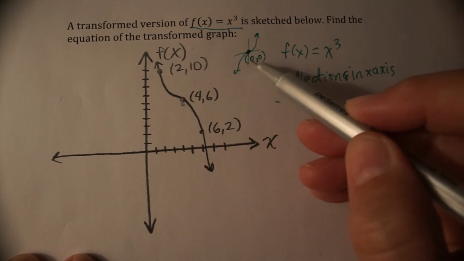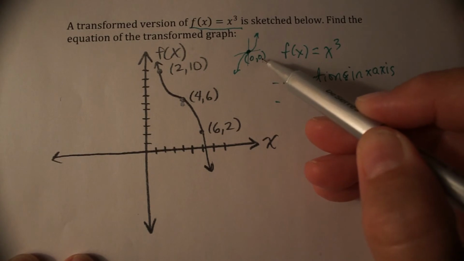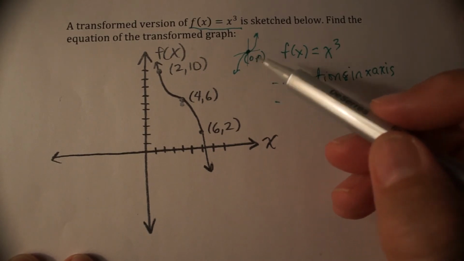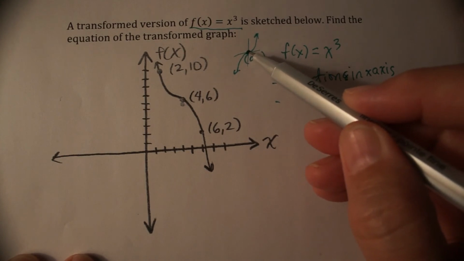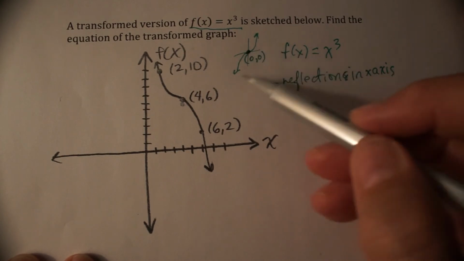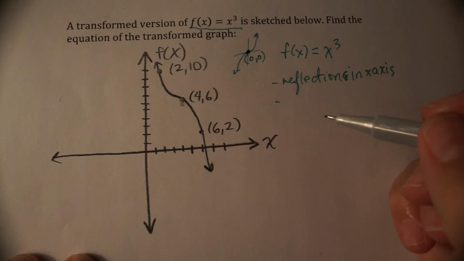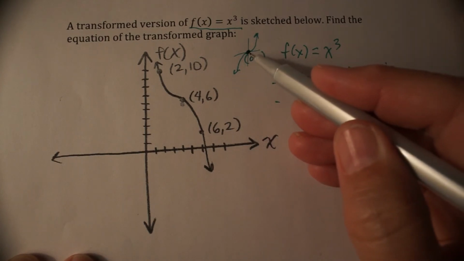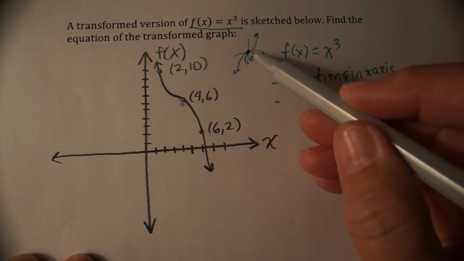And if I multiply 0 by anything, whether it be a half or 100, it's still going to be 0, 0. So the only thing that can move a 0, 0 point somewhere else on the graph is a translation. If I reflect that, if I multiply that, it's always going to still stay right there.